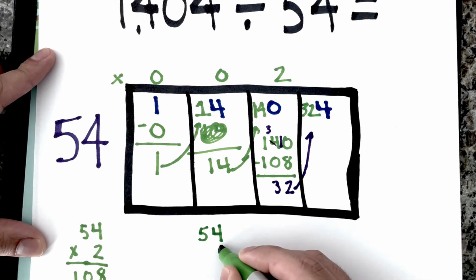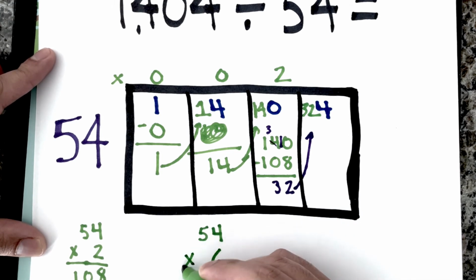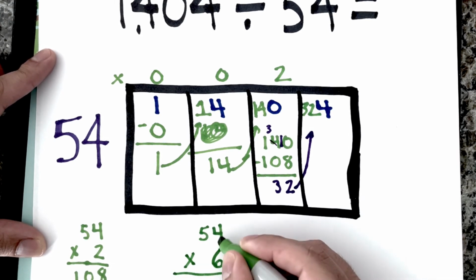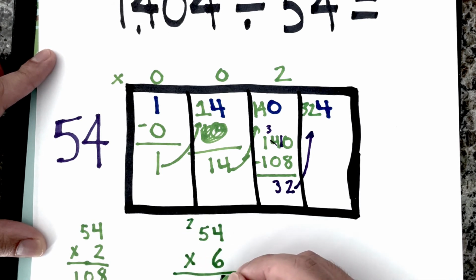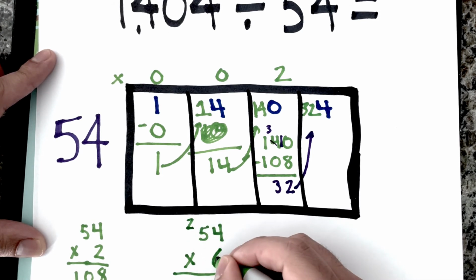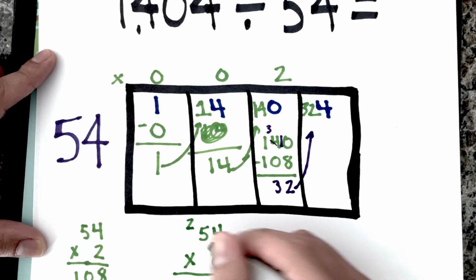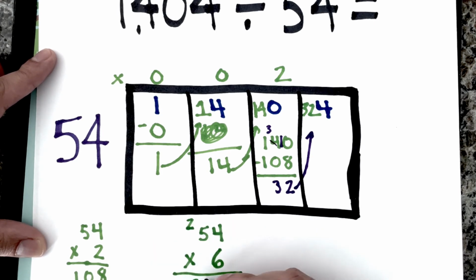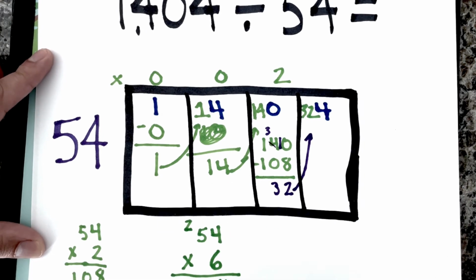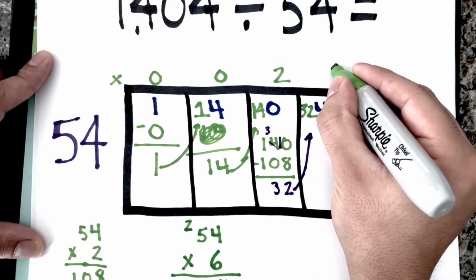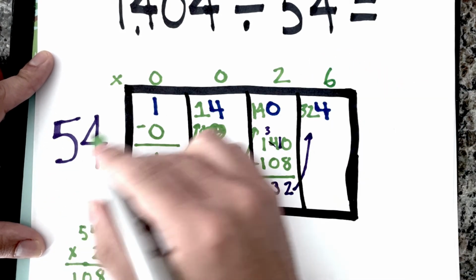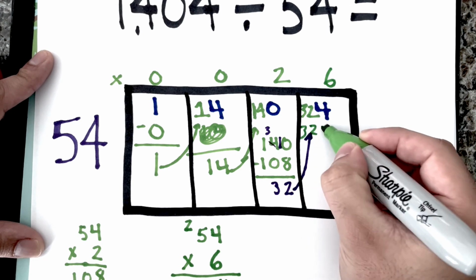So let's just use 6 and see what we get. Let's multiply that. 6 times 4 is 24. Add the 2. 5 times 6 is 30. Plus the 2 is 32. Oh, there it is. We found it. So we're going to put 6 on the top. So 54 times 6 is 324.